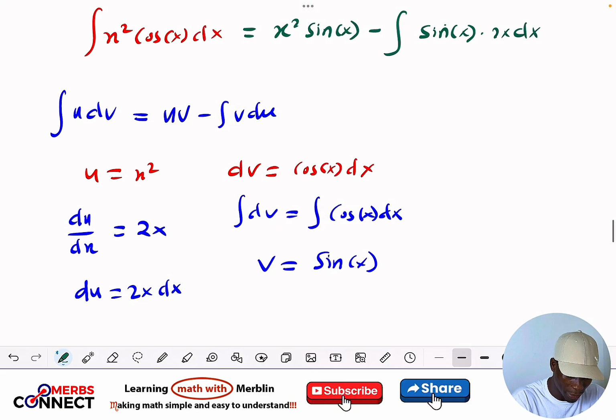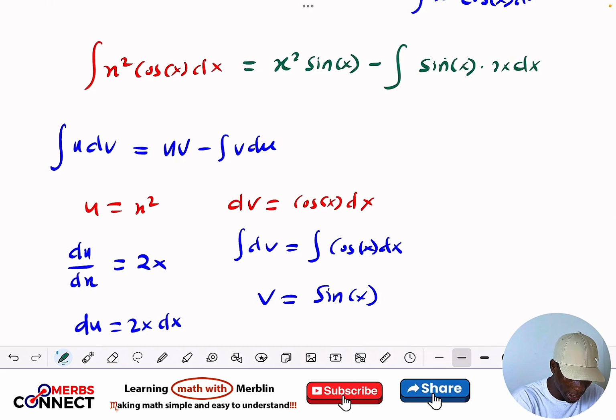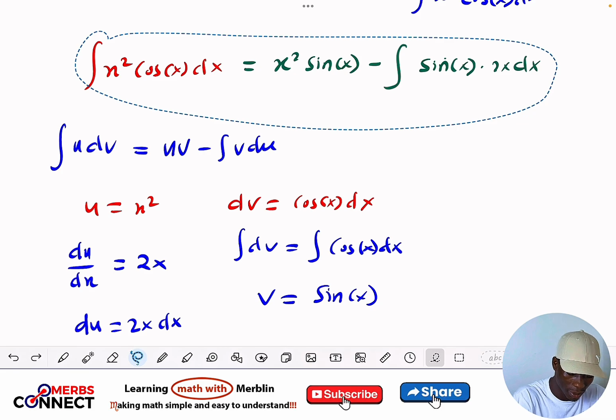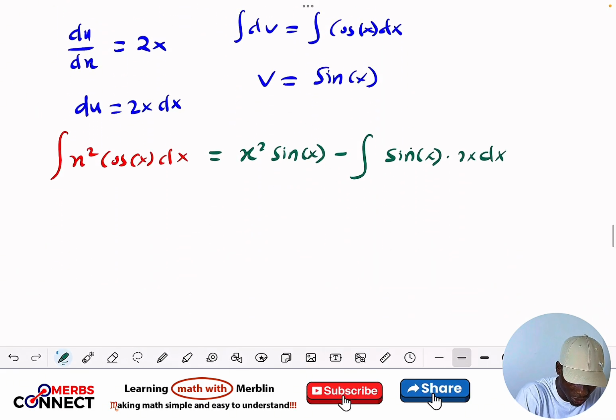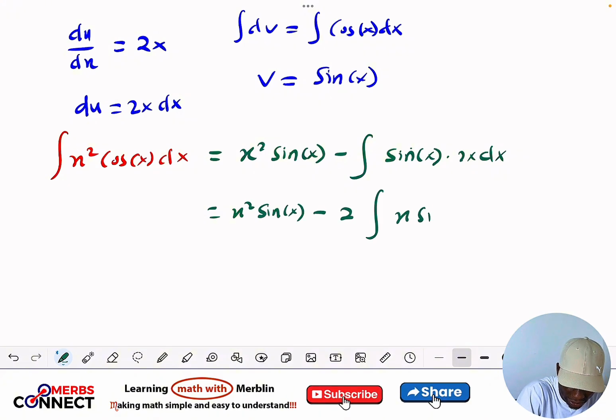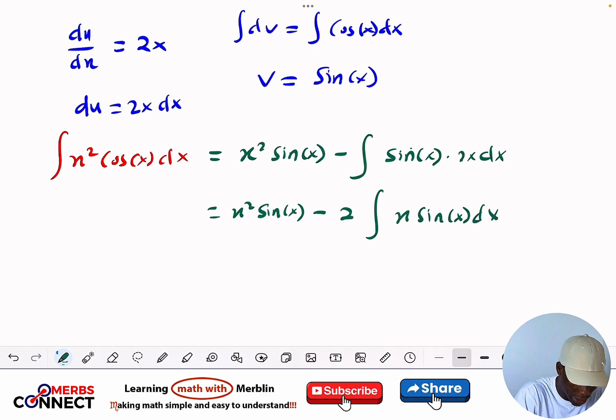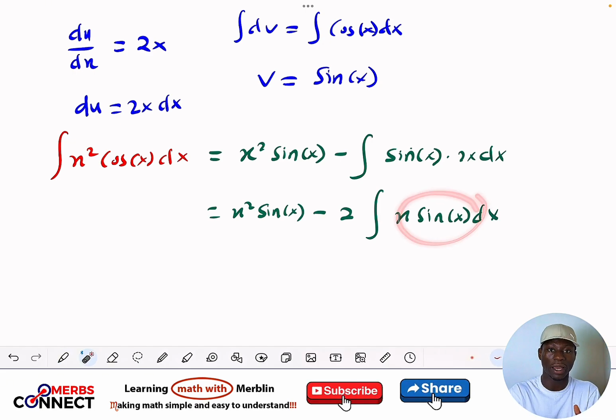Let me just move this down so that we can continue. Now we are going to have x squared sine x minus, I can factor 2 out, and have the integral of x sine x dx. Now I have another polynomial function and trig function, so I need to use integration by parts again.